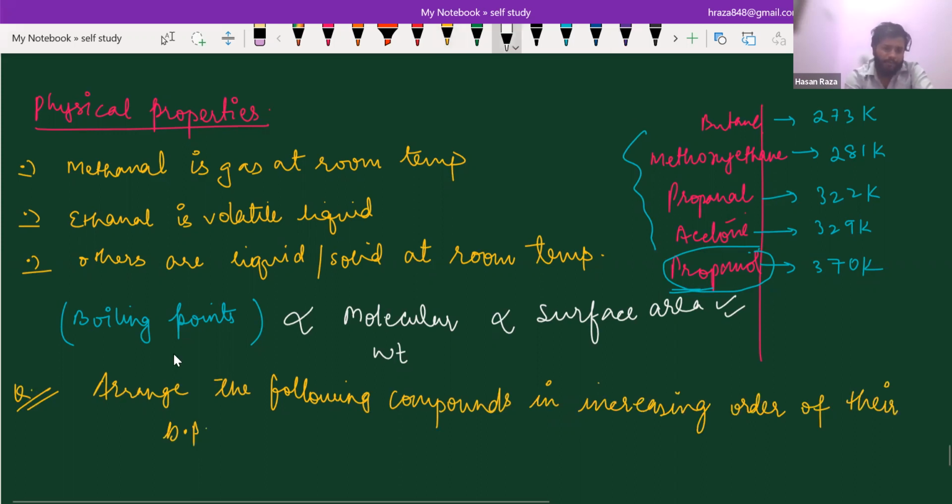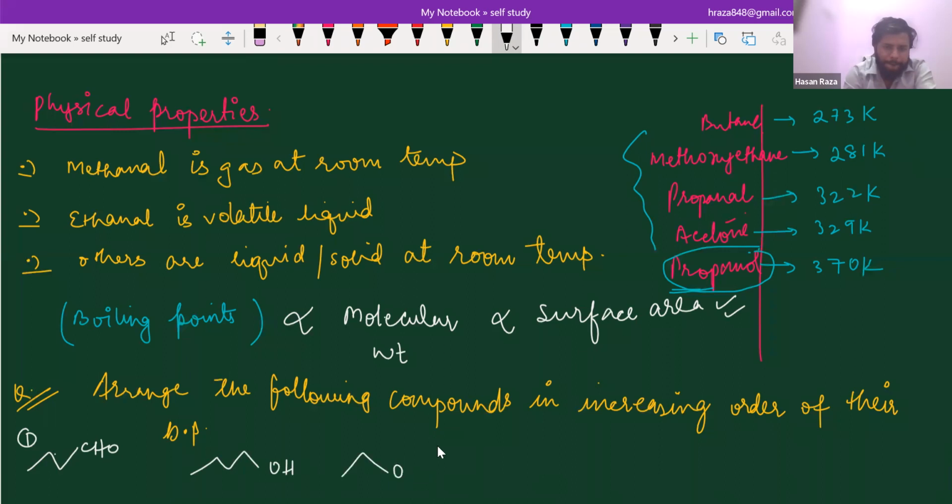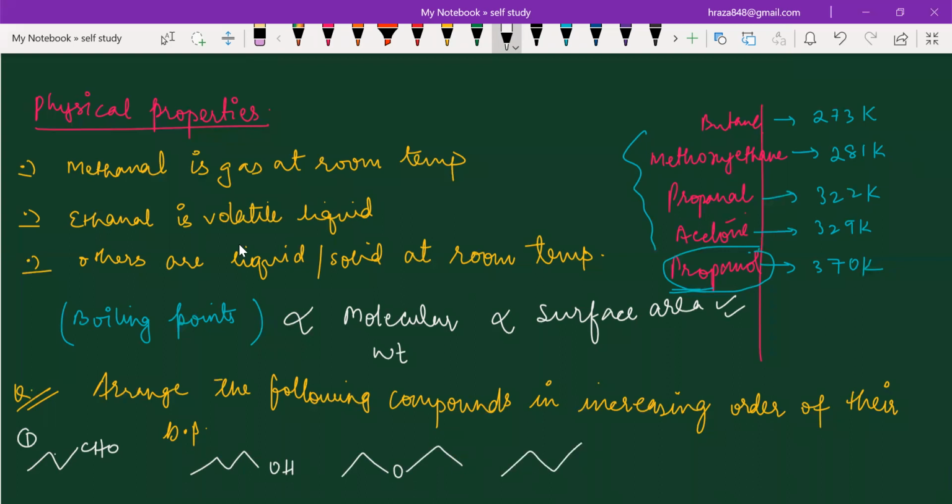The compound names are CH3... Can I write the bond line structural formula? If I write it like this, will that be okay for all of you? Yes, sir. Okay.